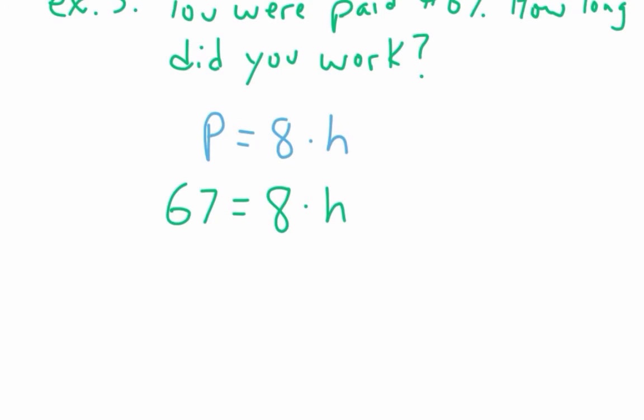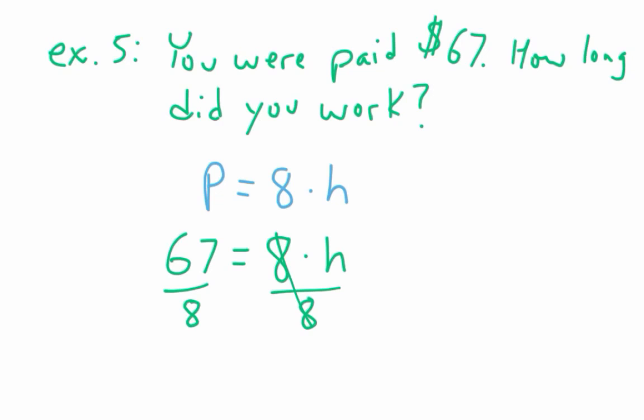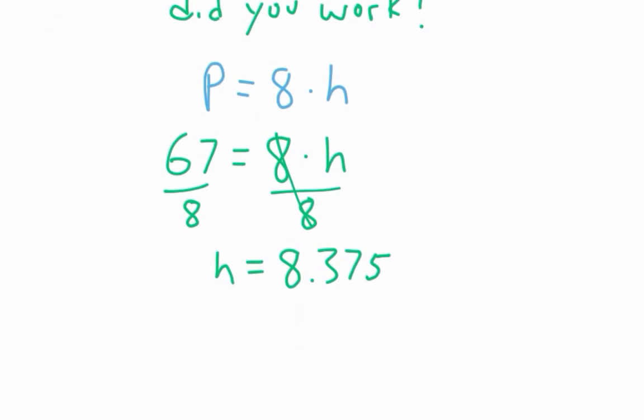And now to solve for H, you would just divide both sides by 8. And that isolates the H. So now if you punch that into a calculator, you end up getting H being 8.375. So 8.375.